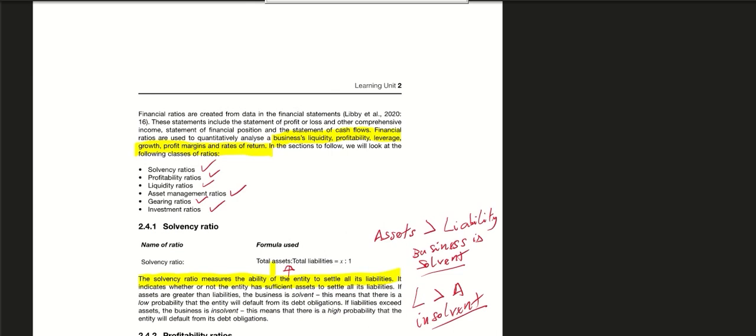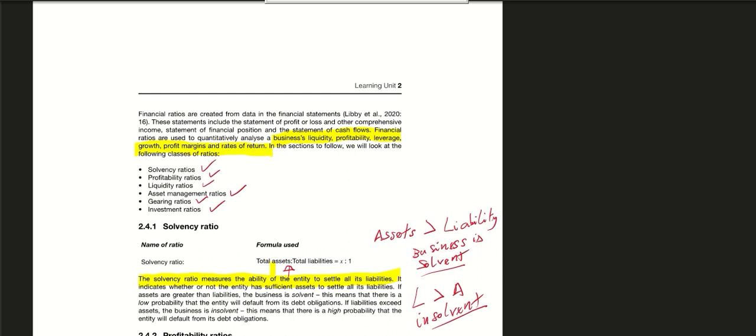Obviously, this is important to many stakeholders, especially investors, right? So let's look at some classes of ratios. We, for example, have the solvency ratios, profitability ratios, liquidity ratios, asset management ratios, gearing ratios, and investment ratios.